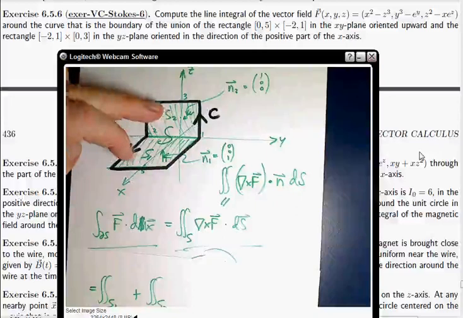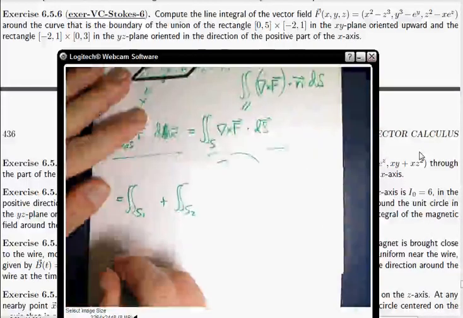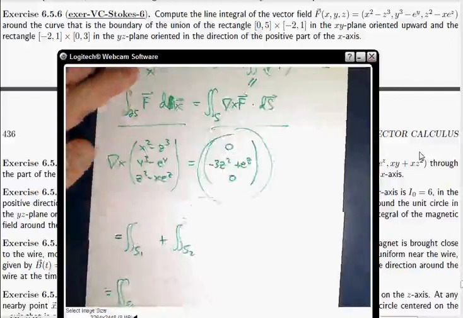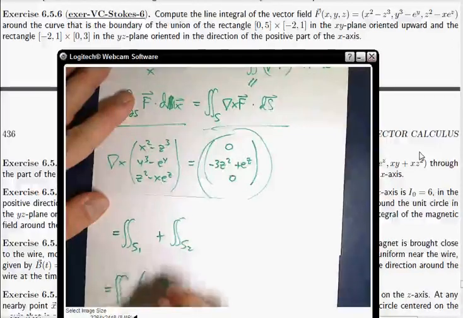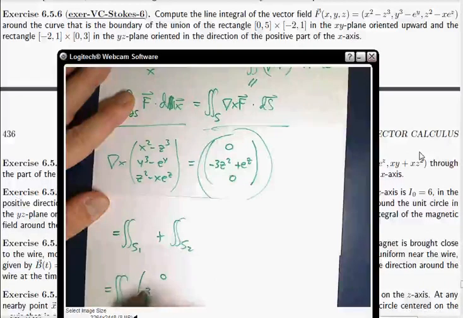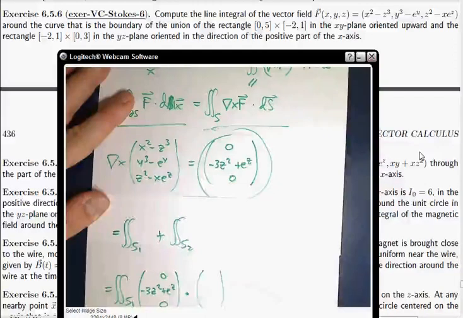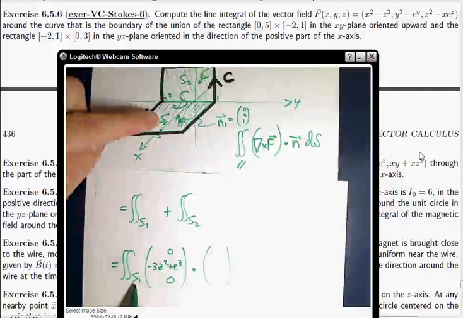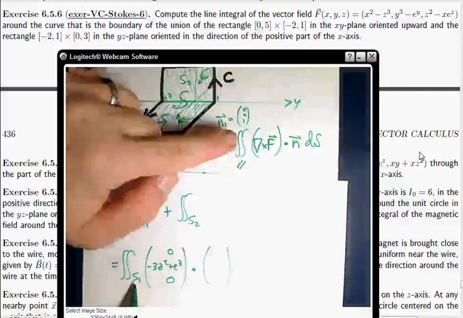Is that cool? Yeah. Okay, now each one of those I can write down. Flux through S1: here's our curl vector, 0, negative 3z squared plus e to the z, 0, dot. Now on S1, my unit normal vector is 0, 0, 1.